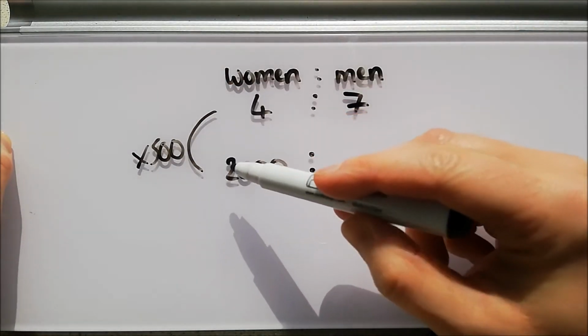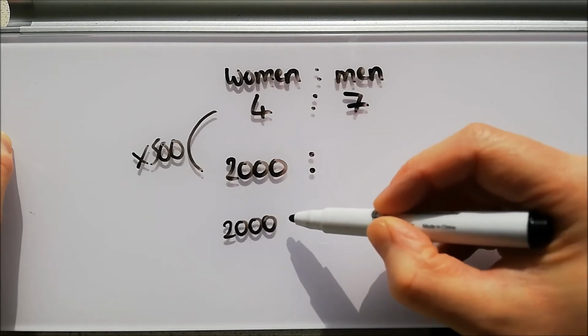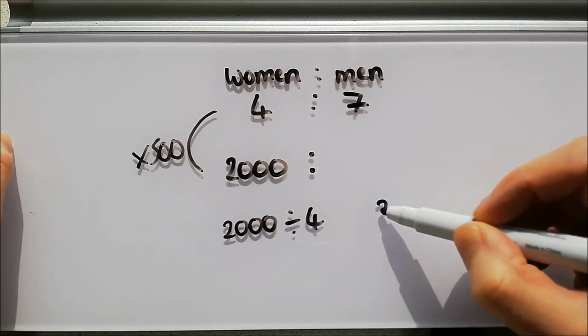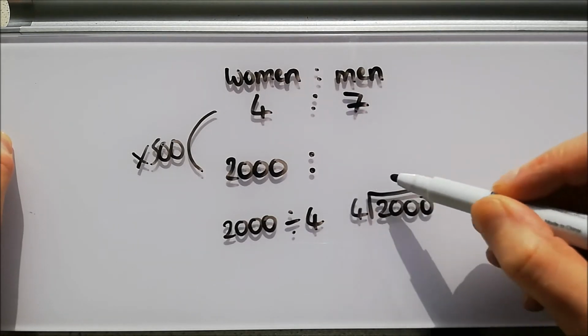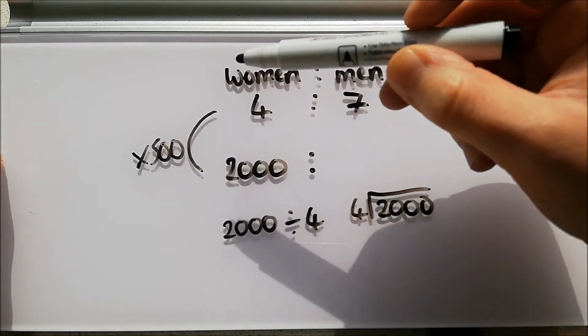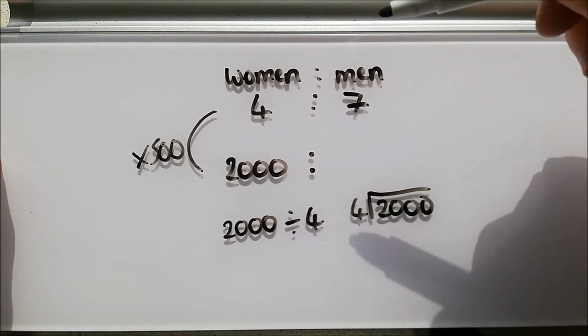If you couldn't immediately see that, then you could, on a calculator paper, put 2,000 divided by 4, or on a non-calculator paper, do 2,000 divided by 4 that way to give you the answer of 500, which would then tell you that you need to times 4 by 500 to get to 2,000, okay?